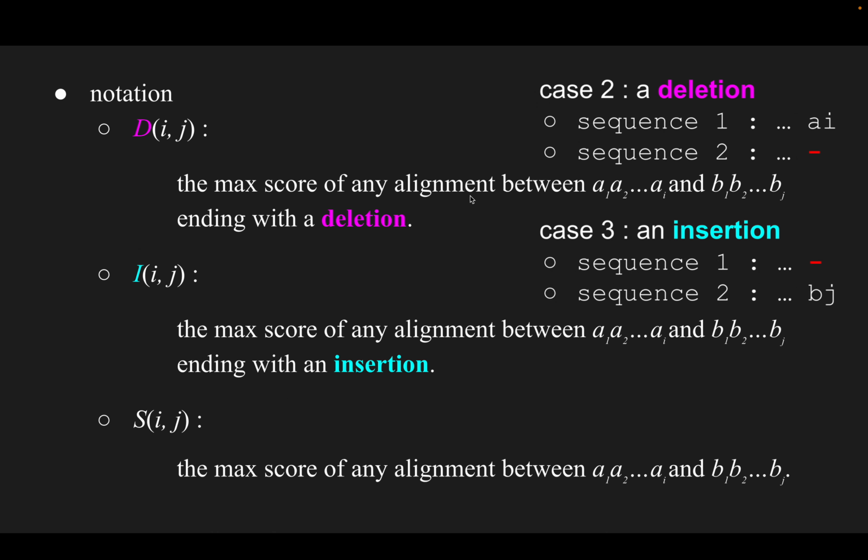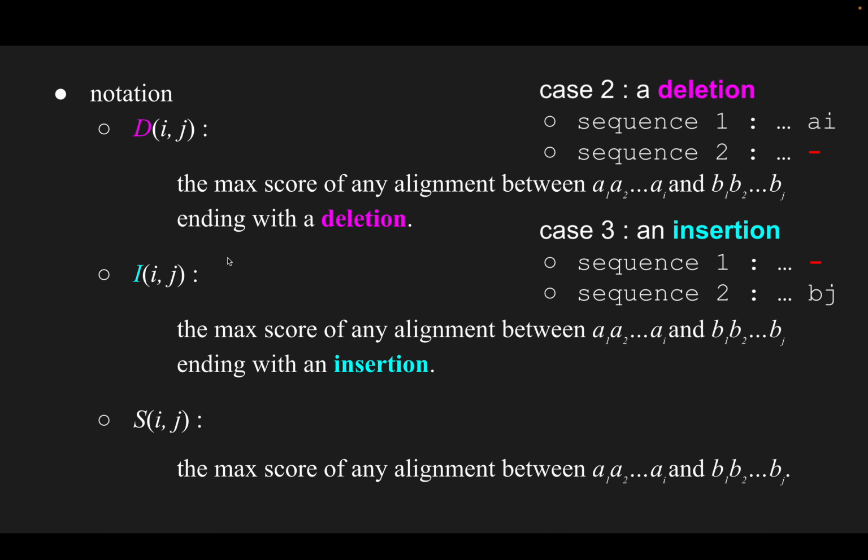Okay, so let's define the notation. Let's call Dij the maximum score of any alignment between A1 to AI and B1 to BJ ending with a deletion. Don't forget, a deletion means that the second sequence will end with a gap symbol.